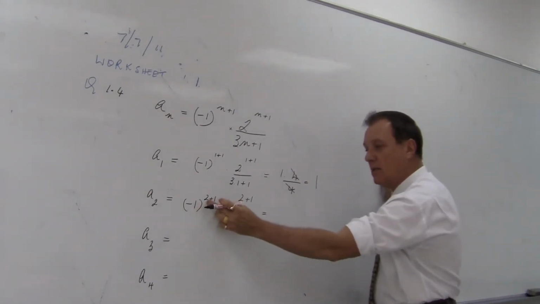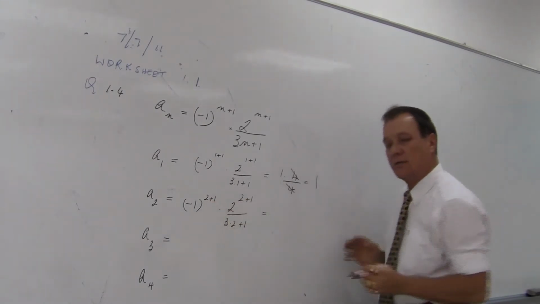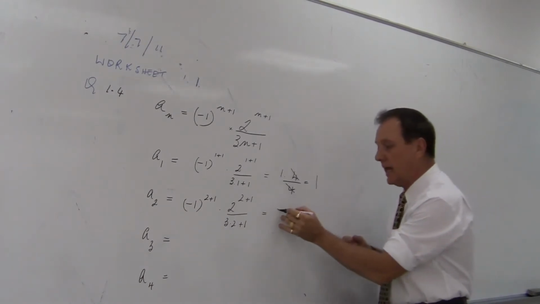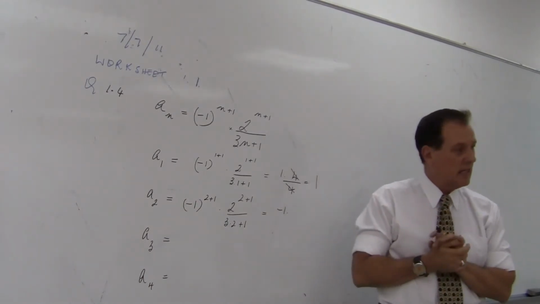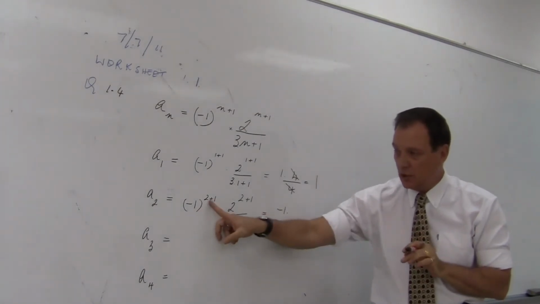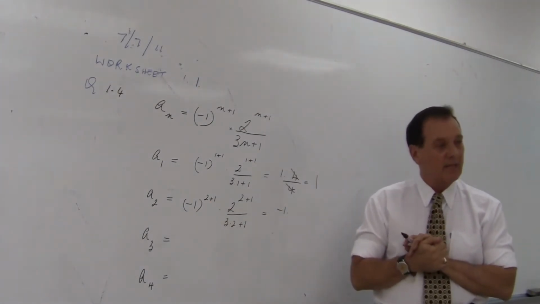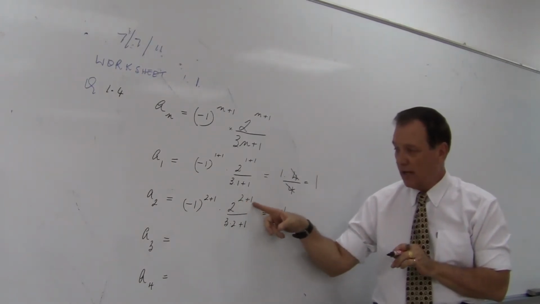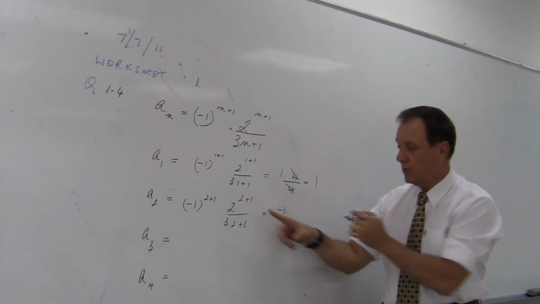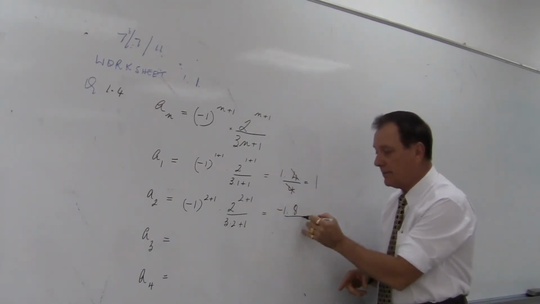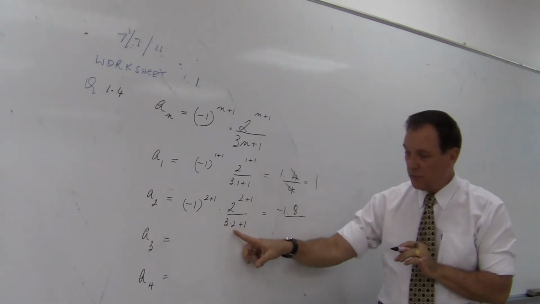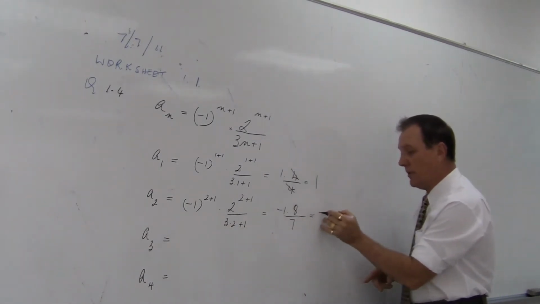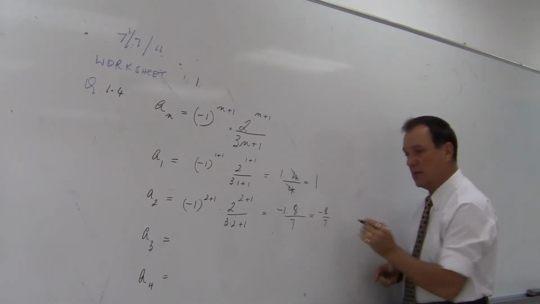This is -1 to the power of 3, which means -1 times -1 times -1. It's -1. You all know now, -1 cubed is going to be -1. Here, this is 2 to the power of 3, which of course is 2 cubed, and that number is 8. And down here we've got 3 by 2 is 6, plus 1, 7. So we end up with -8 on 7.